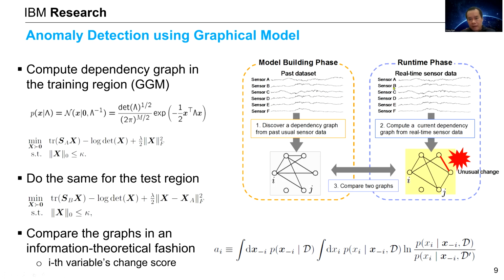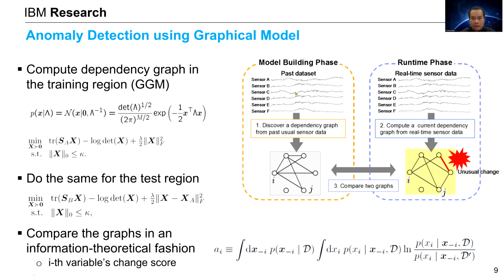In the testing phase, we also learn the dependency graph, that's the graph from the testing phase. And then we compare the two graphs. That's the way we compute the abnormality score. That's the second step in the framework I presented before.